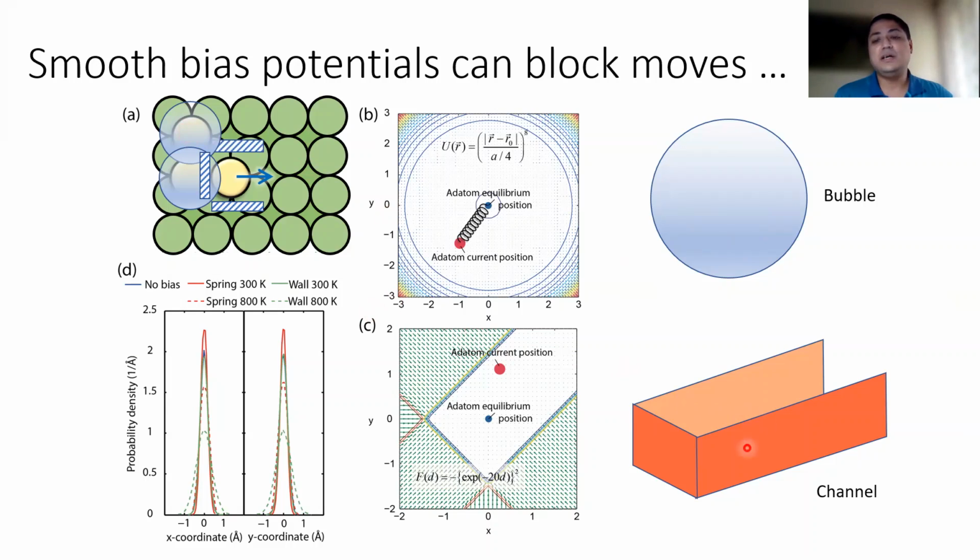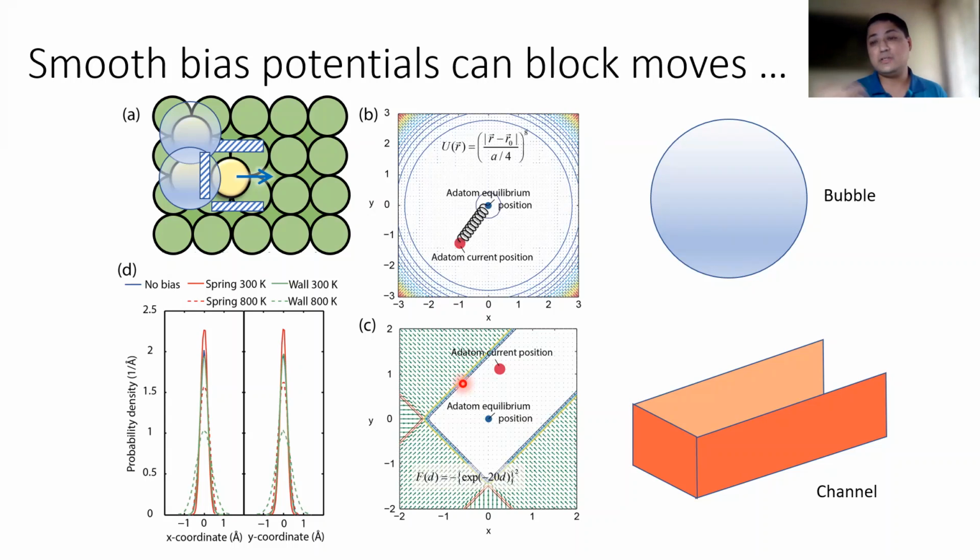The other type of potential we use is a wall potential. And so the wall potential, again, is a soft potential. The atoms do not experience any force due to the wall when they are nearby. But when they come extremely close to the wall, then there will be some force.